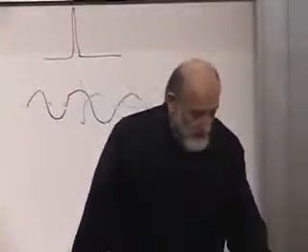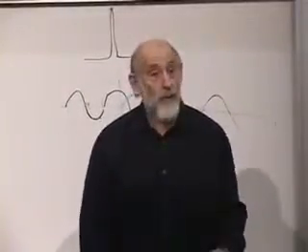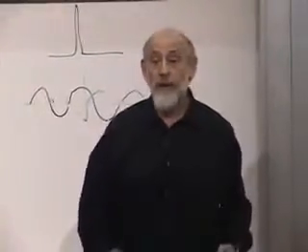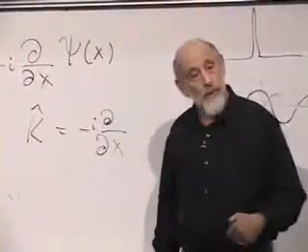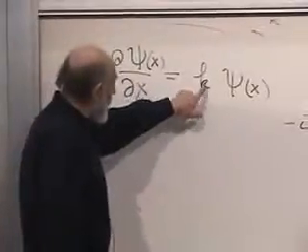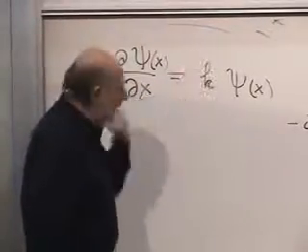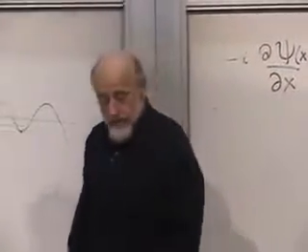Let's see if we can figure out what they mean. First of all, according to the postulates, k corresponds to some kind of observable. Its eigenvalues are little k here, just numbers. Any number from minus infinity to plus infinity will be an eigenvalue.